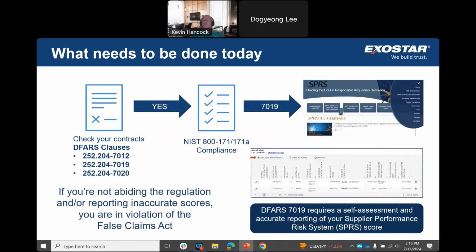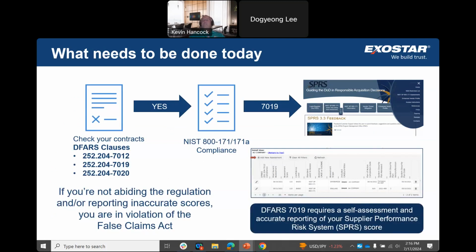Now, that doesn't preclude what you need to do today. So if you've got current DoD contracts, please take a look just to make sure you're following what you need to do based on your current contracts. Because the requirement around NIST 800-171 is how you store, process, or transmit controlled unclassified information.